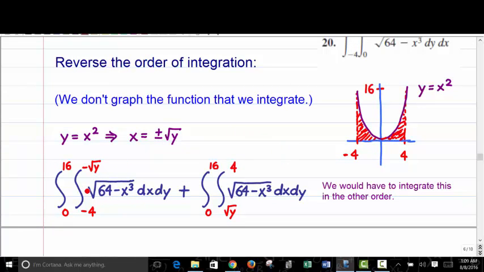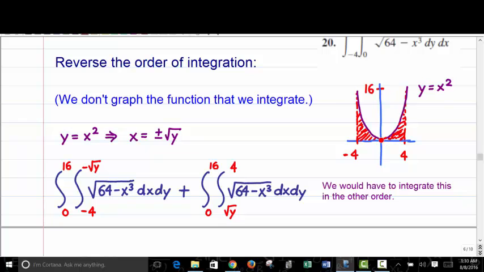So you would look at it going from left to right on the negative side, where it splits at 0. On the left, you have -4. On the right, you have the left half of that curve, which would be negative square root of y. And then vertically, you're going from 0 to 16, y equals x squared.